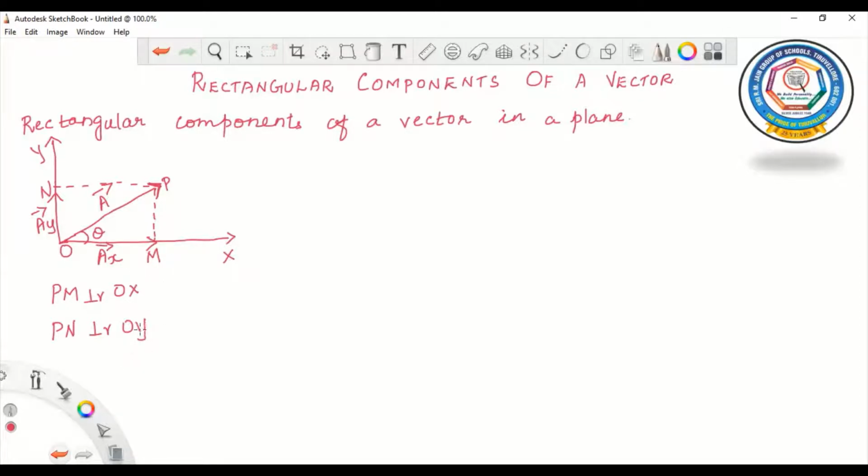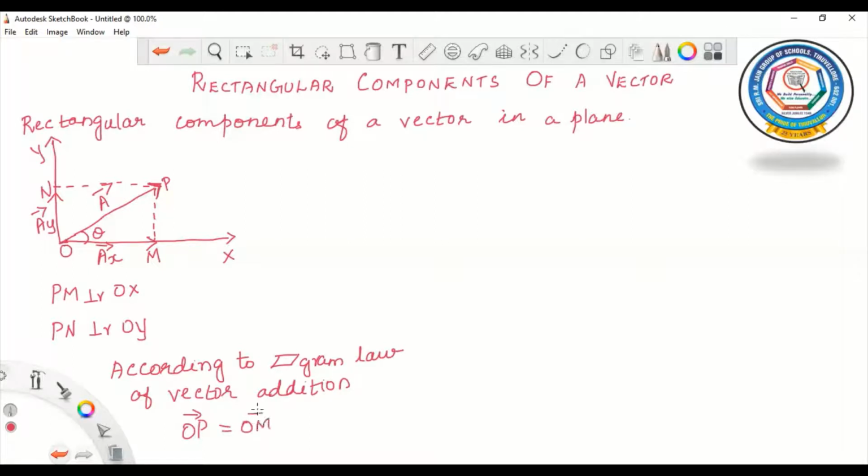Now, before we go into detail, according to the parallelogram law of vector addition, we may write here: OP vector is equal to OM vector plus ON vector.